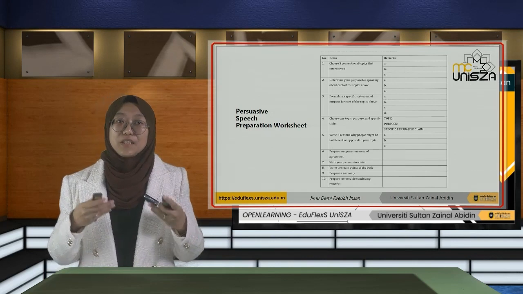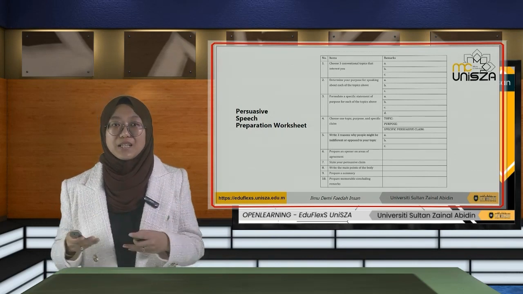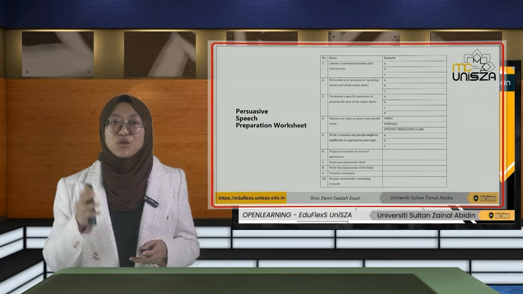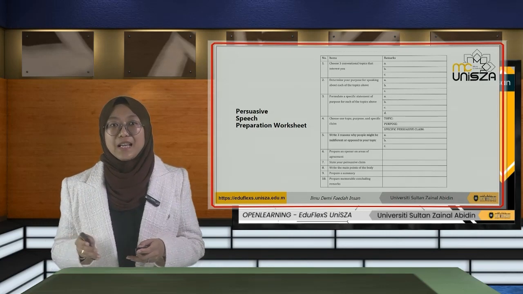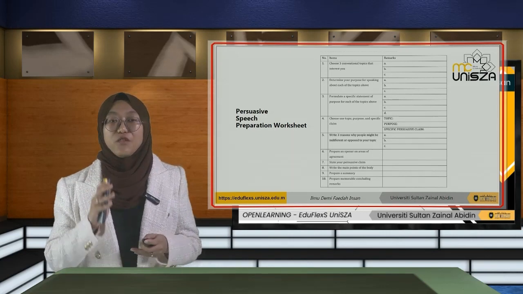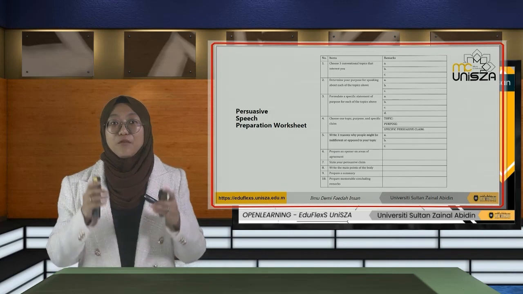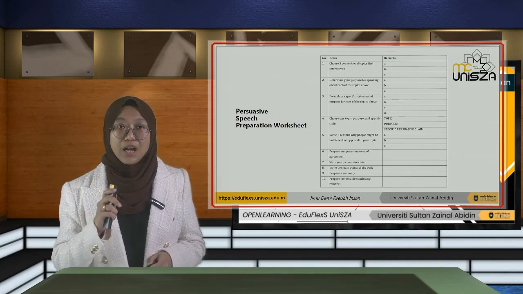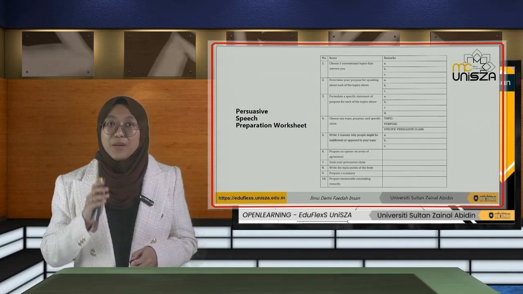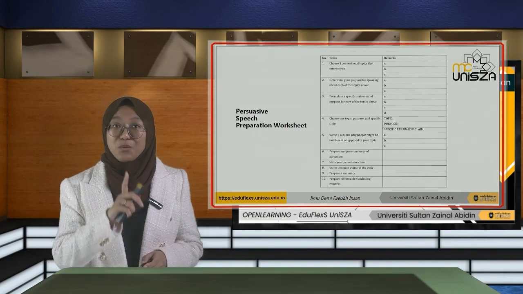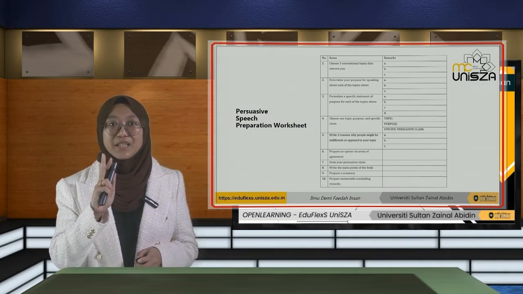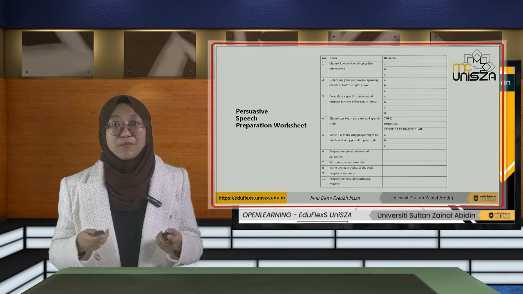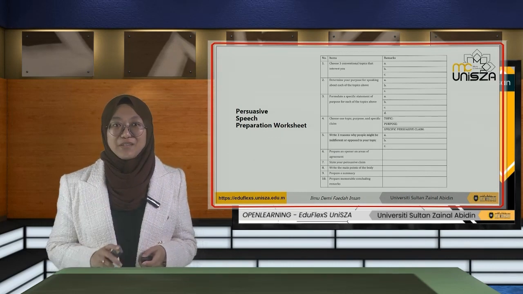And out of these 3 conventional topics, determine your purpose to speak about each of them. Then, of course, you have to formulate a specific statement for each of the topics that you have chosen. Remember to also choose now 1 topic, 1 purpose. With this specific claim, you would want to make it persuasive.